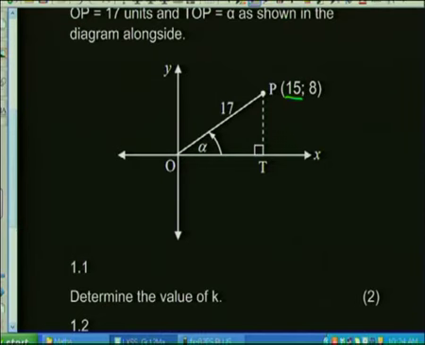And I recommend that you do this in your exam. When you are writing, go back to your question paper and fill the information that you have solved onto the diagram. It just makes it easier for you to work out and to visually see what you've got on your paper. Right, let's go find the value of cos alpha.